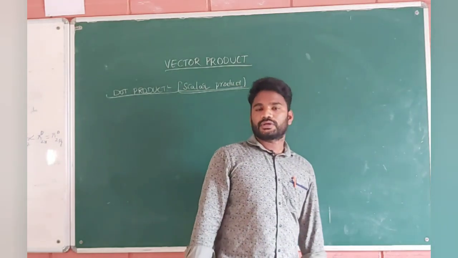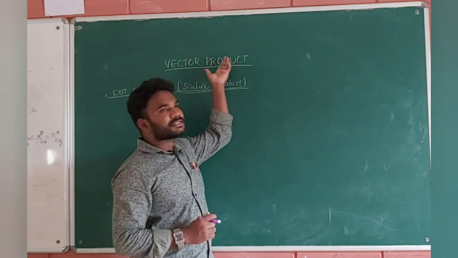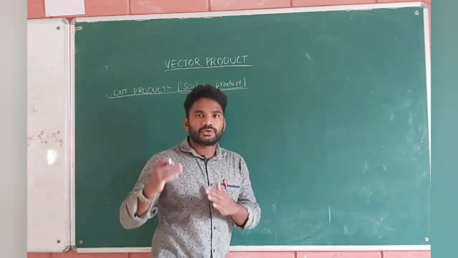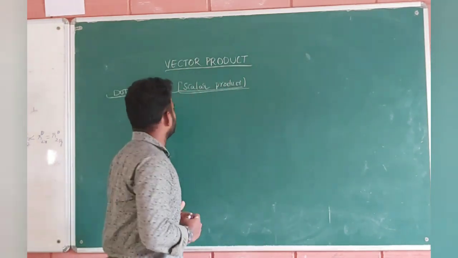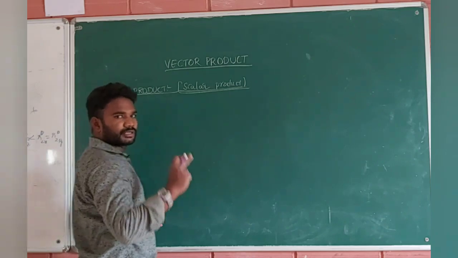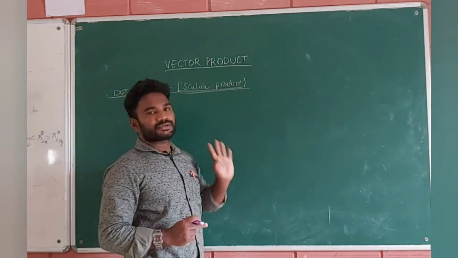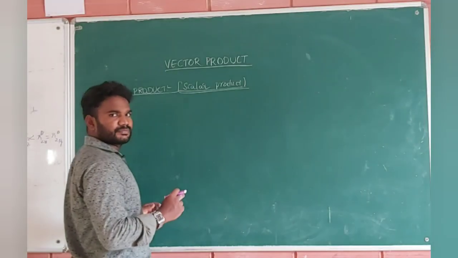The concept is the product of two vectors. That means two vectors we are going to multiply. If you are multiplying two vectors and the product is a scalar, that is called scalar product or dot product.